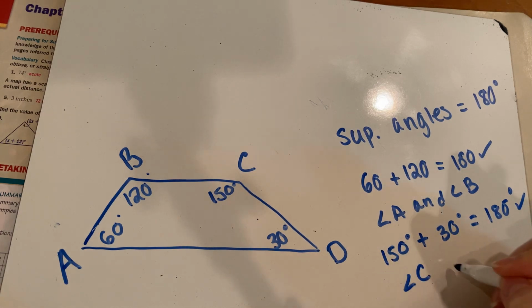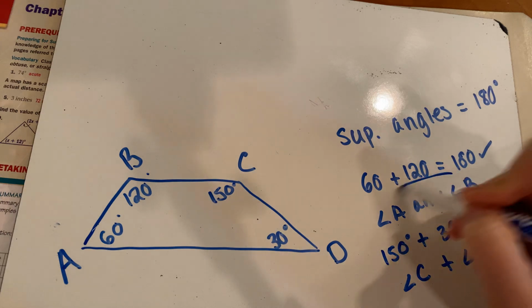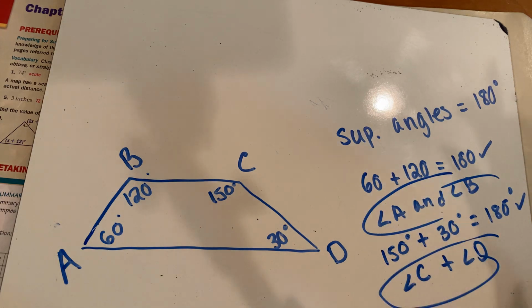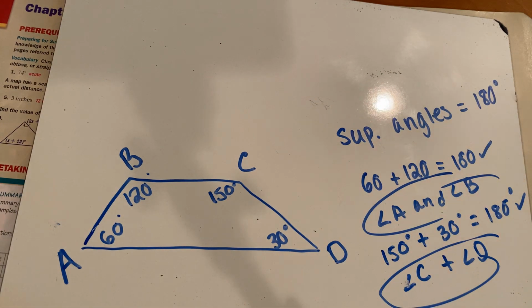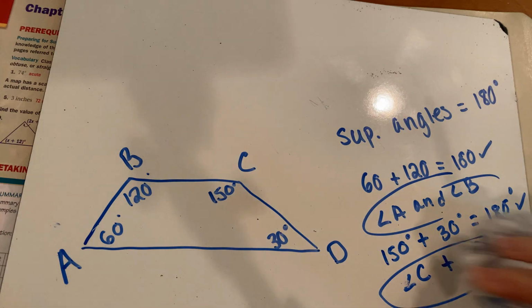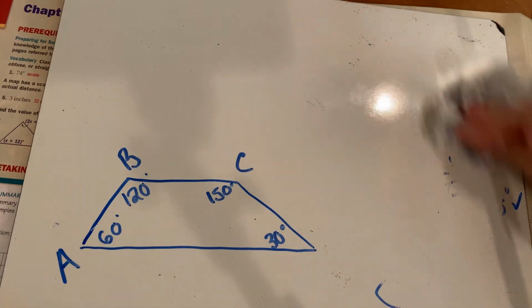Angle C plus angle D are going to be supplementary. And now lastly, again, B and D doesn't get us there. B and C doesn't get us there. These are our only pairs of supplementary angles: A and B, and then C and D. And that is it for example 1.